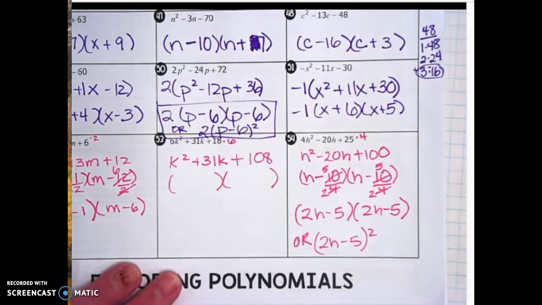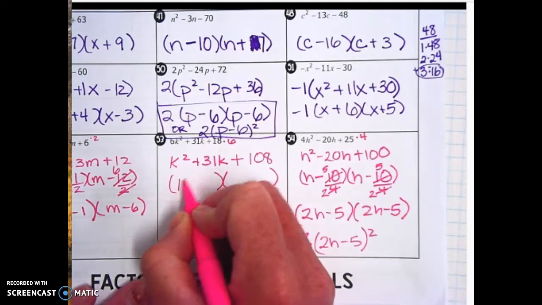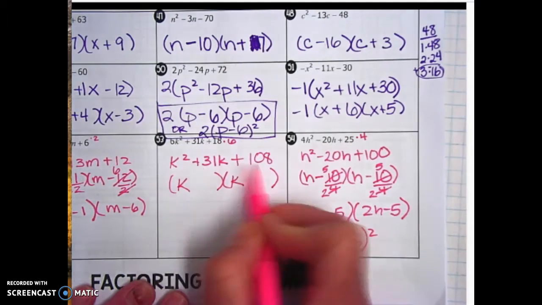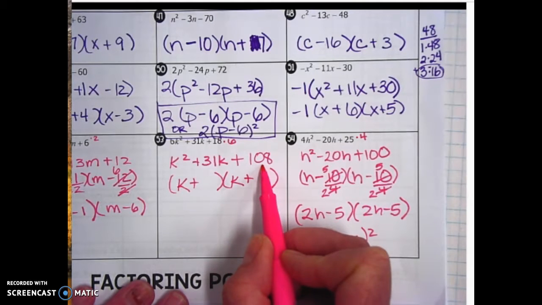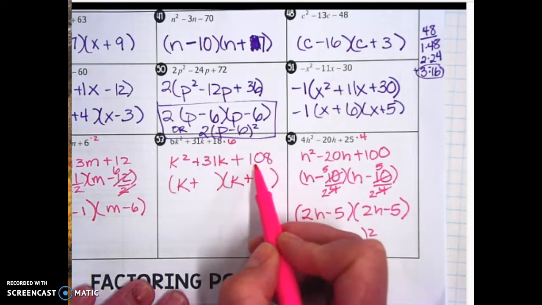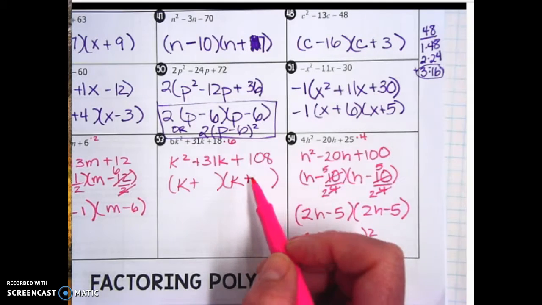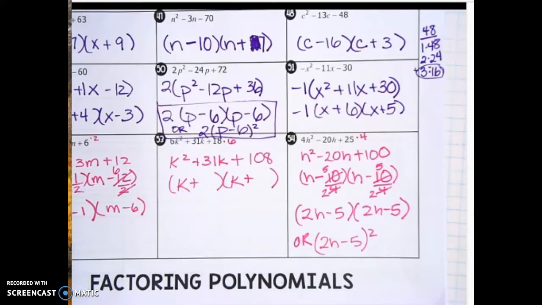We write our 2 sets of parentheses for our binomial times our binomial. We take the square root of k squared, which is k, so k and k. Our signs are plus and plus. We need 2 numbers that multiply to get 108, but also add or subtract to get 31. 108 is an even number, so think, what would 108 be divisible by?